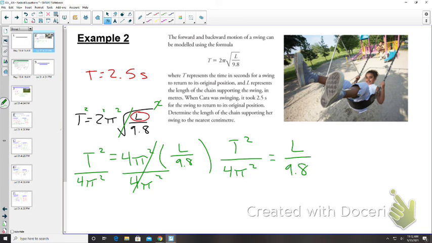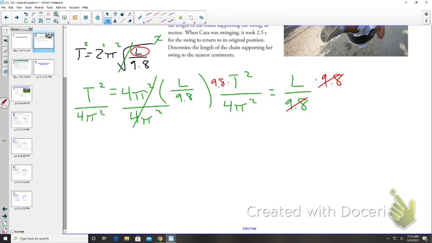The last thing we need to do here to get L by itself is multiply both sides by 9.8. Those will cancel. And now our equation is written in terms of L. So L is equal to 9.8 T squared divided by 4 pi squared.